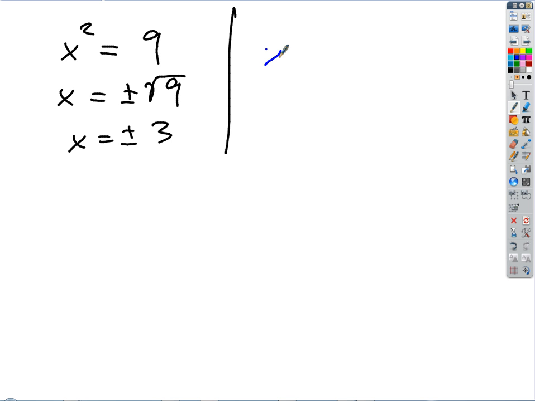What if we had something like x to the 4th equals 16? Then because that is even, we're going to get x equals plus or minus the 4th root of 16.